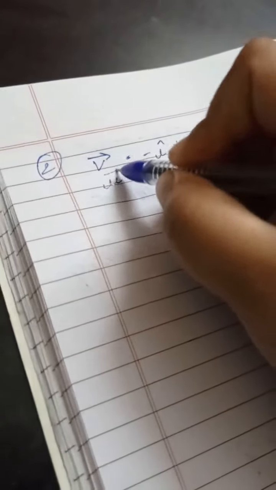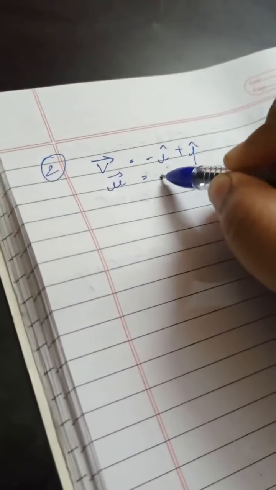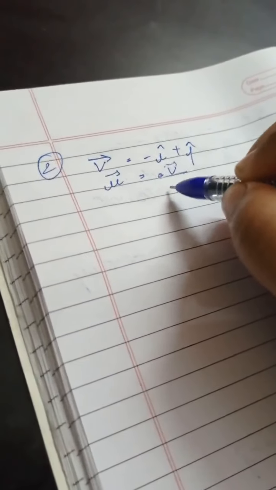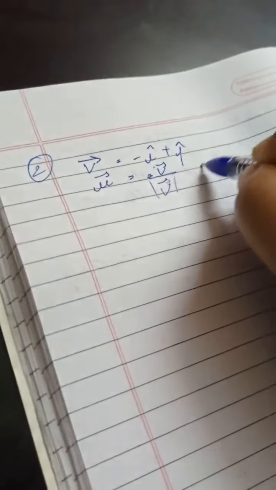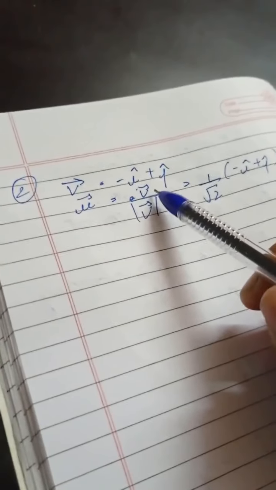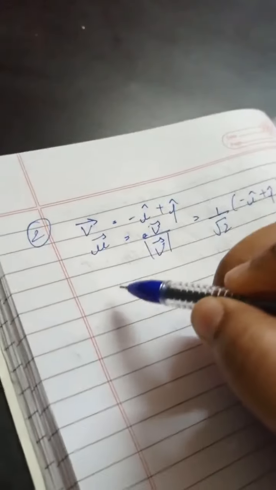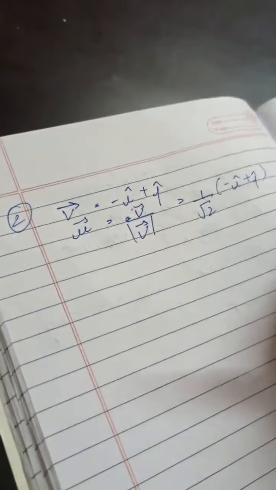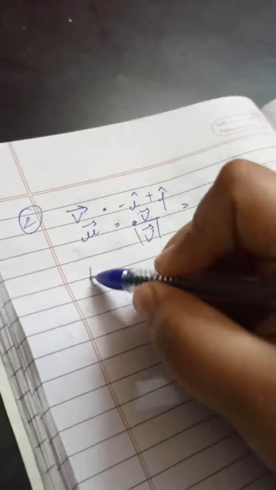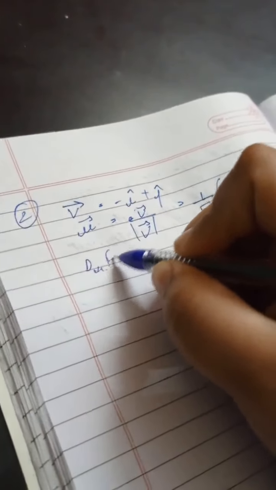We'll calculate the unit vector also in the similar way, and it will come out to be 1 by root 2 times minus i cap plus j cap. I've just taken the position vector and divided it with its magnitude, which will come out to be root 2.